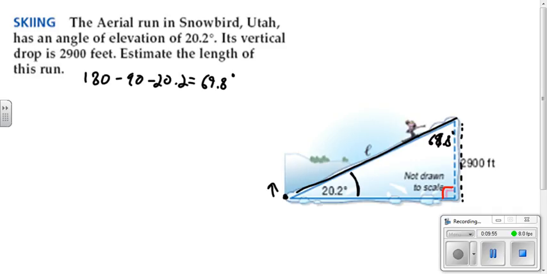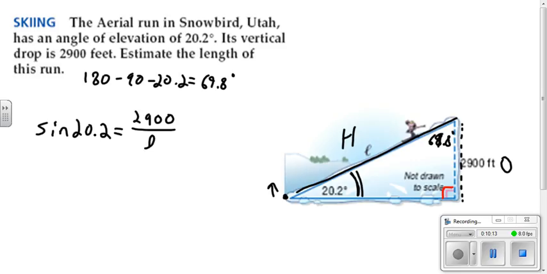So again, we know our angle here is 20.2 degrees, and that's the opposite side and we're looking for the hypotenuse, so we'd say that the sine of 20.2 is the opposite, 2,900, over the hypotenuse, which is that length value. Now solving for length, we would multiply L onto both sides and divide the sine of 20.2 from both sides.